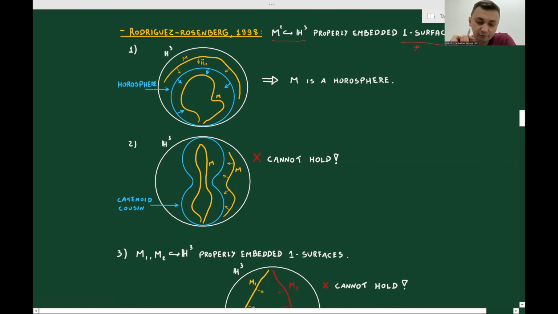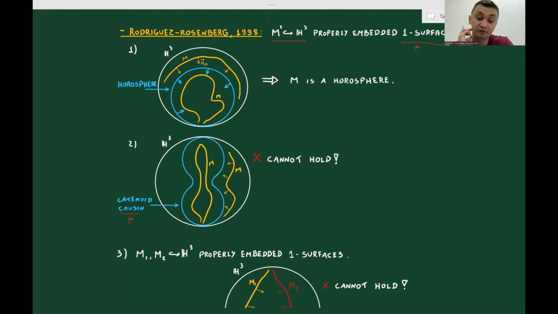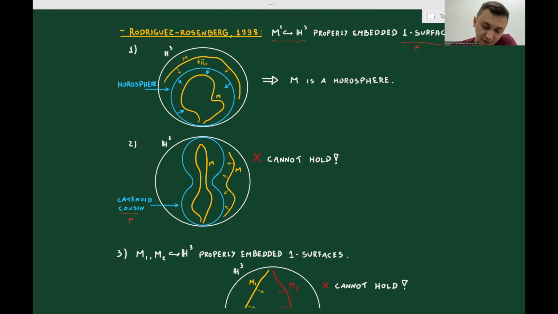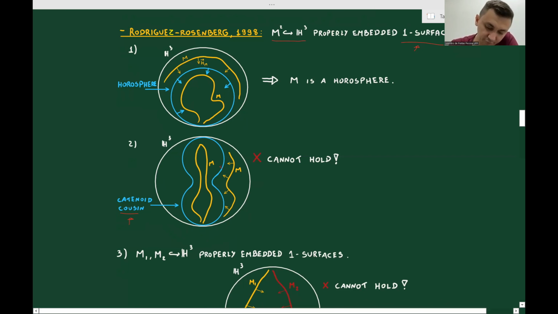And the second result is where they consider the catenoid cousin, which is the cousin of the minimal catenoid, but now in the hyperbolic space. So we have the same kind of result, but here the result is more restrictive, because in this case, we cannot have M inside the mean convex region defined by the catenoid cousin.